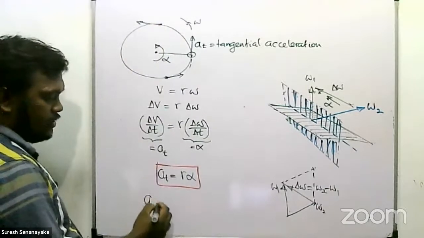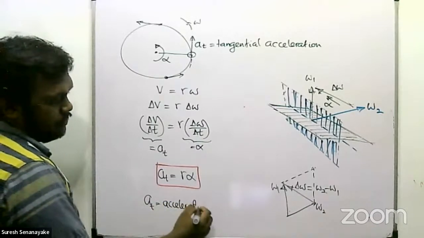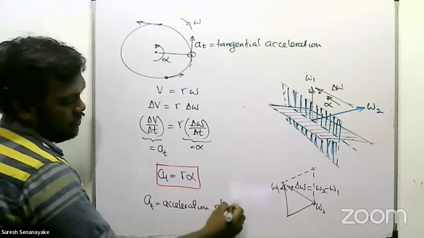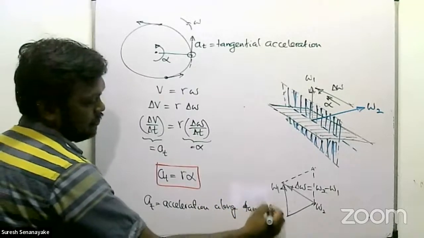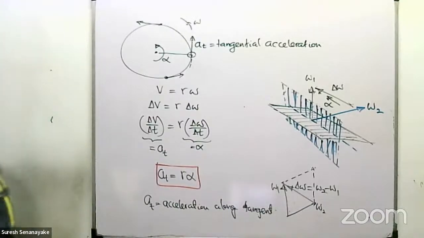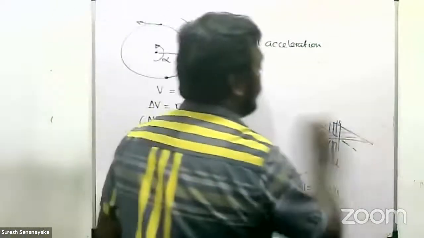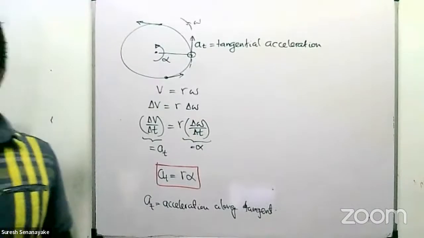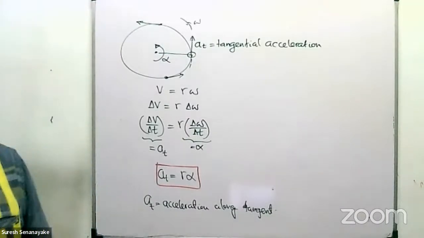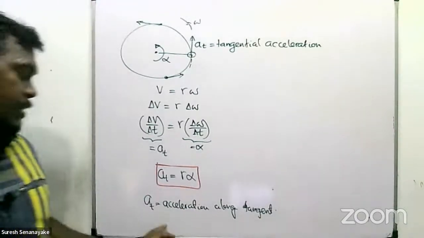So this is the acceleration along the tangent, and it is caused by the change in the linear speed. Okay, this you know.